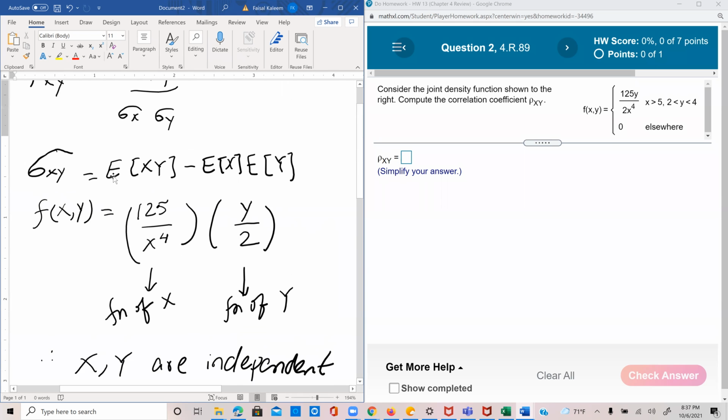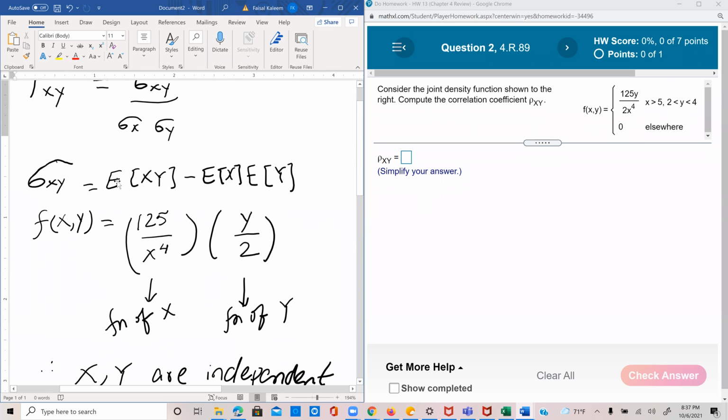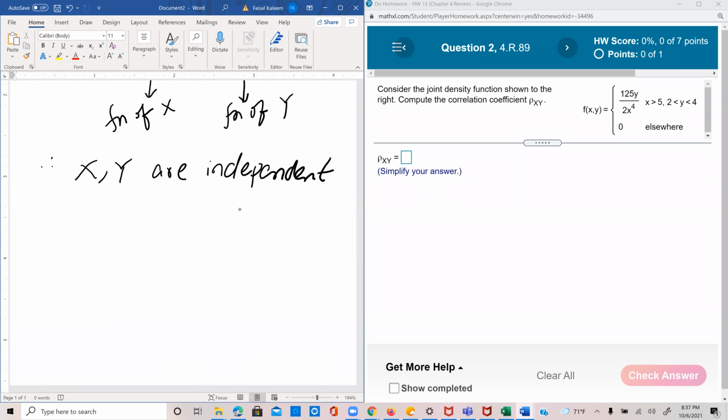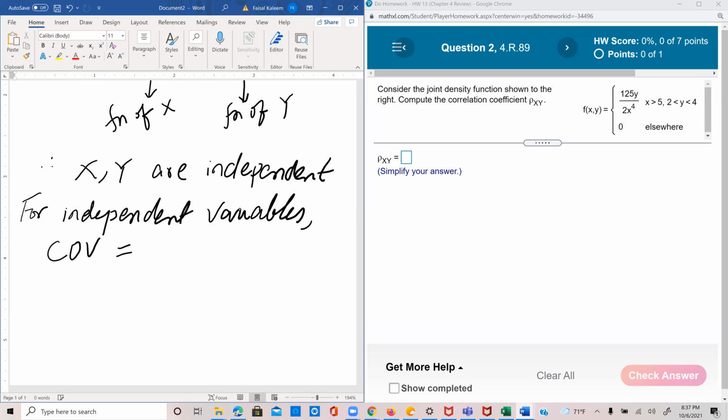That's always true for independent variables, and the reason is that for independent variables, the E of XY ends up being equal to EX times EY, and so it cancels out with this term. And for independent variables, covariance is 0.